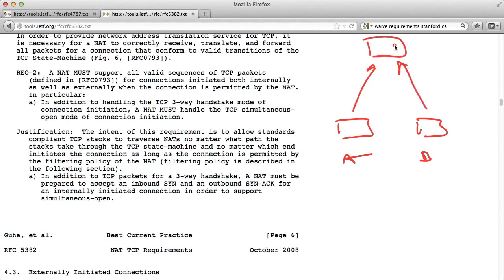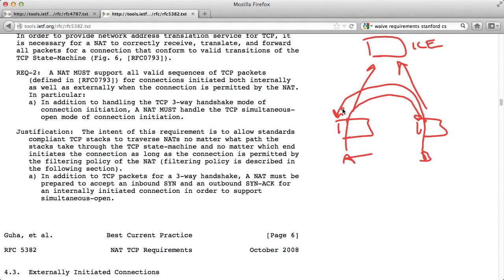There are servers that provide this abstraction, things like ICE, that allow them to do some query responses to figure out what kind of NAT they're behind, and also to figure out what the external IP address and port is associated with their local IP address and port. Based on this, both A and B can figure out, given their internal address and port, what the external address and port is. They somehow exchange this information through a rendezvous service, and then both A and B simultaneously try to open TCP connections to one another.